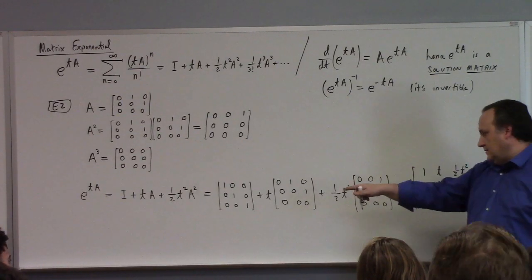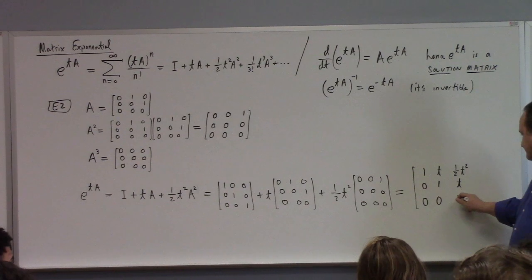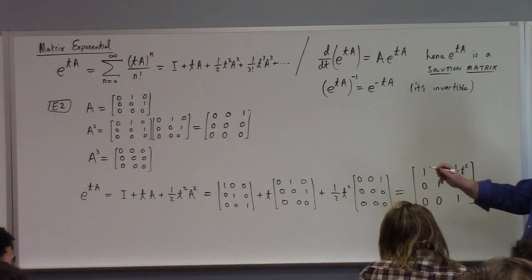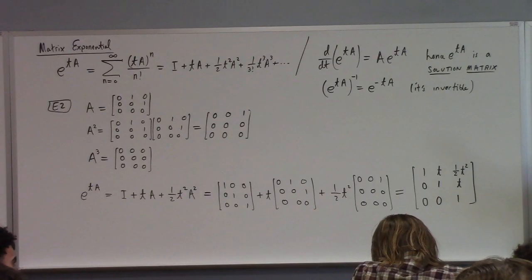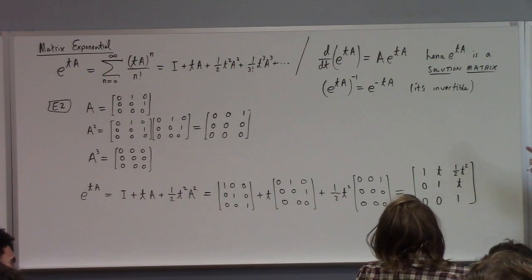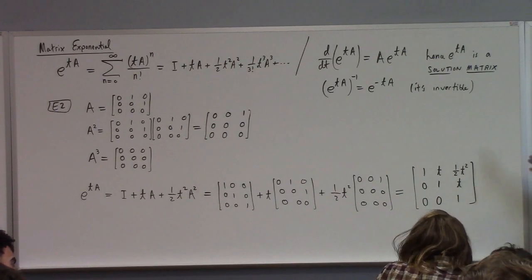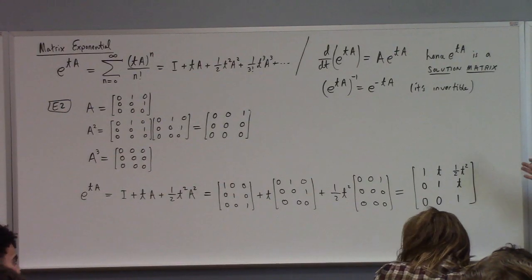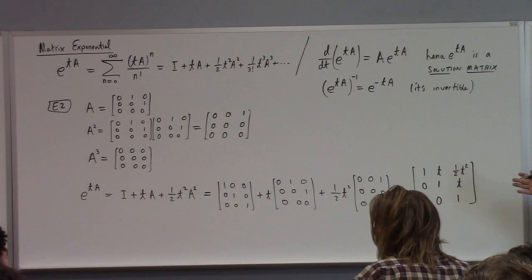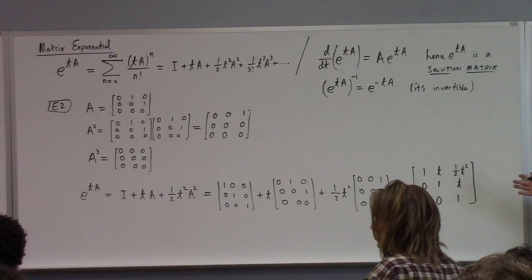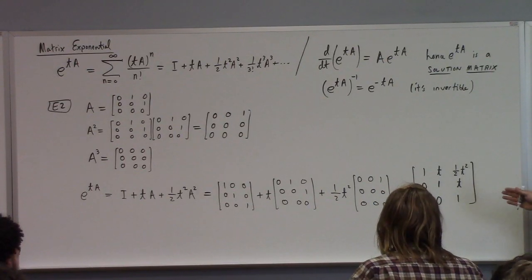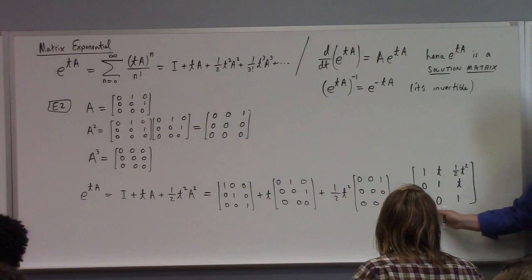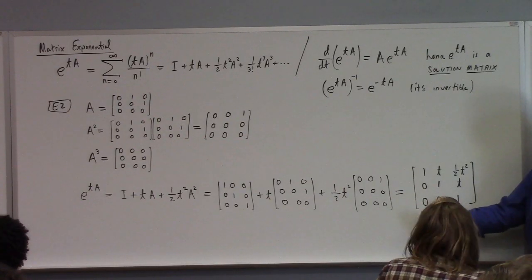And I get a 1. Do these look familiar? Remember we proved that every column in the solution matrix is separately a solution to the differential equation, right? Look at what my solution is. It's a linear combination of the third column, the second column, and the first column, right?